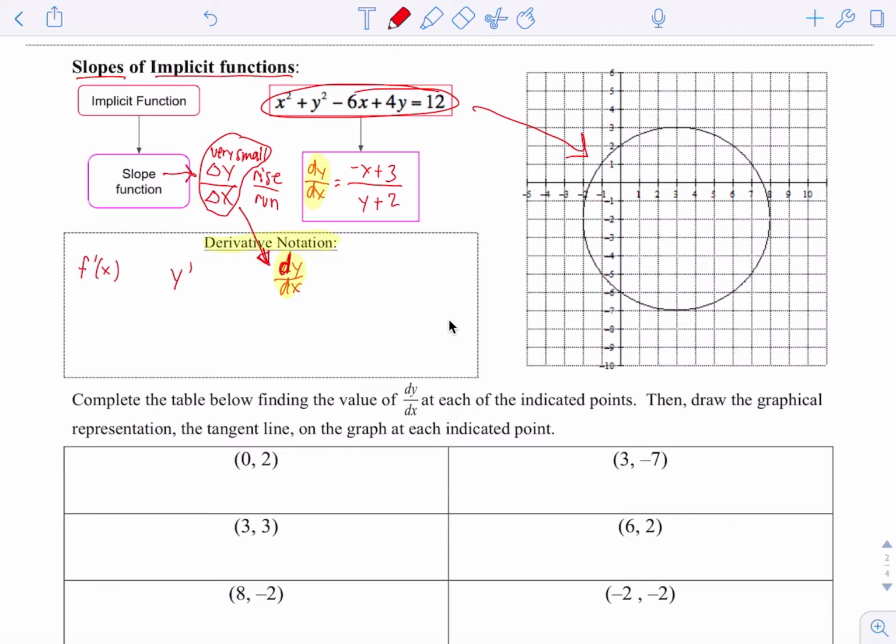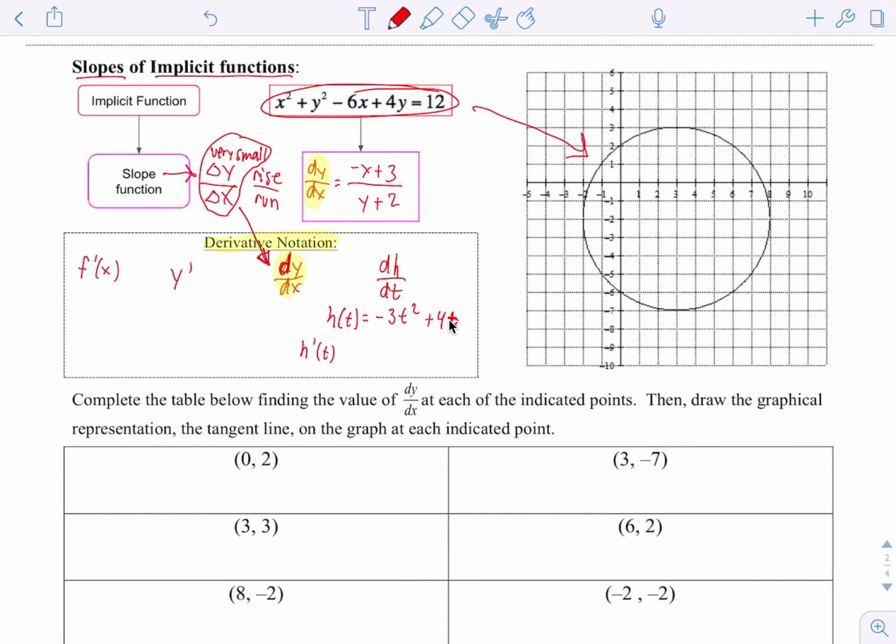Now, it doesn't just have to be dy dx. Depending on what your variables are, it could even be something like dh dt. So for example, let's say I had a function, h of t, which might be my height or something like that, is equal to negative t squared plus 4t. And my height is affected by my time, t being time. Then a couple ways we can write the derivative notation might be what you're familiar with, h prime of t.